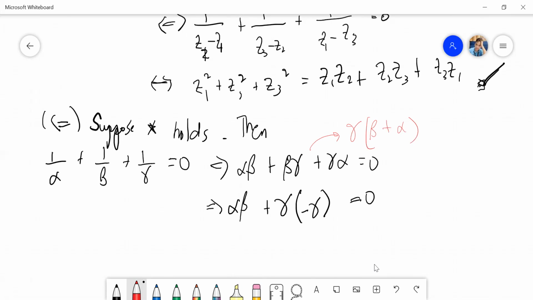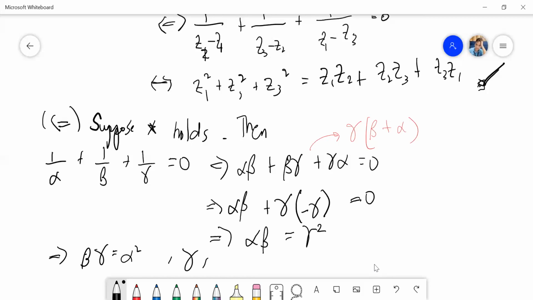So that's why I can write it as alpha beta minus gamma squared equals 0. Because this is negative gamma squared, I'll transfer it to the other side, so alpha beta equals gamma squared. Similarly, I would also get beta gamma equals alpha squared, and gamma alpha equals beta squared.